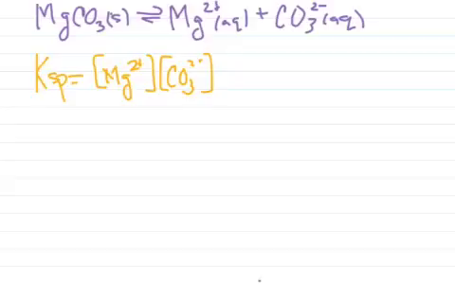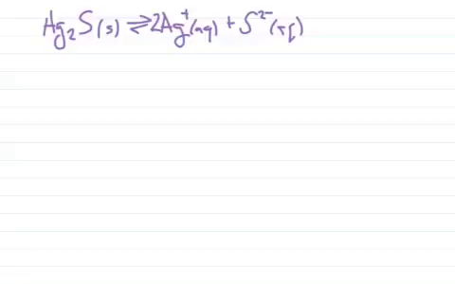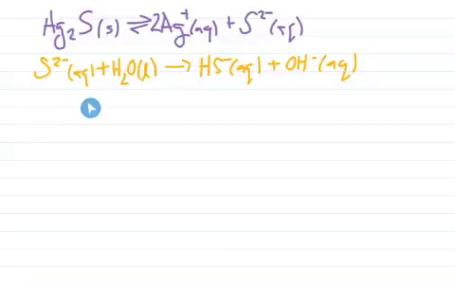Now let me give you another example. I'm going to give you silver sulfide. The first thing you need to do is break this apart into its ions. And we get 2 silver ions plus sulfide. And again, we need to break apart sulfide. So let's do that. And I get sulfide ion with water creates HS- and hydroxide.